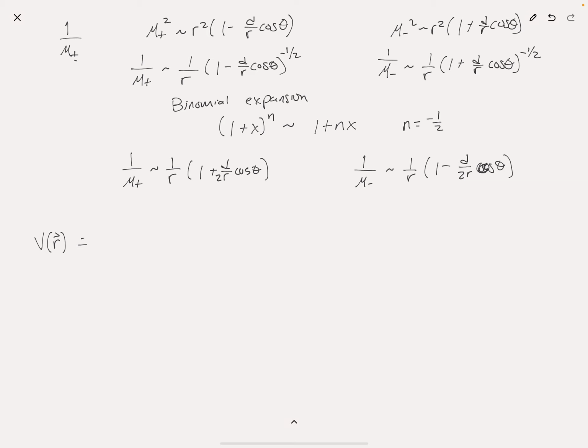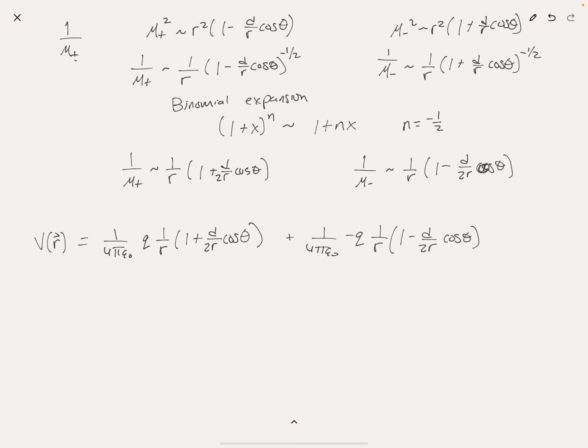That is equal to 1 over 4 pi epsilon naught, I have my positive charge q times 1 over r plus, and 1 over r plus is just 1 over r times 1 plus d over 2r cos theta, plus 1 over 4 pi epsilon naught, minus q times 1 over r times 1 minus d over 2r cos theta.